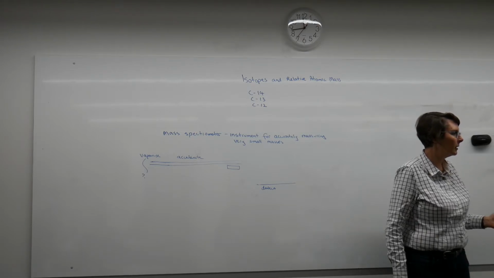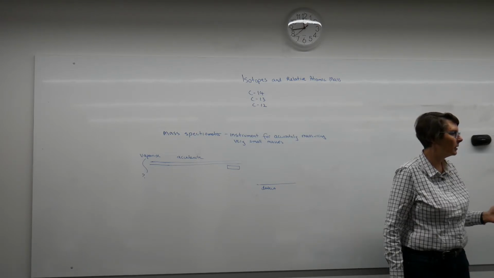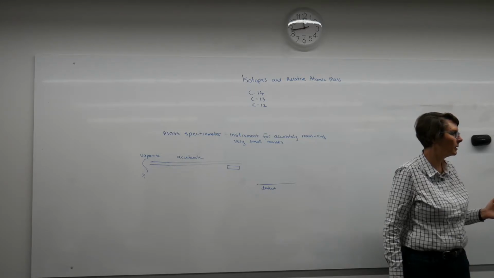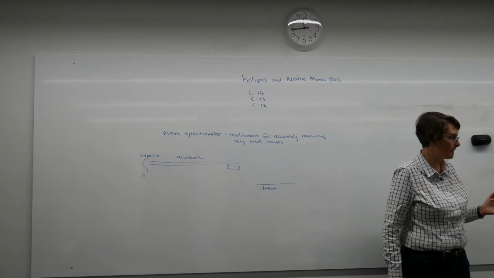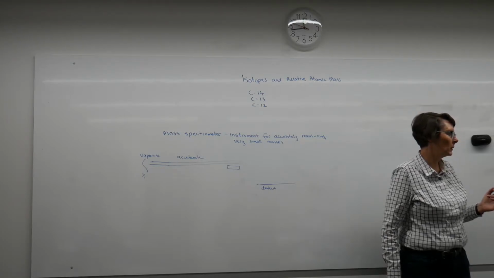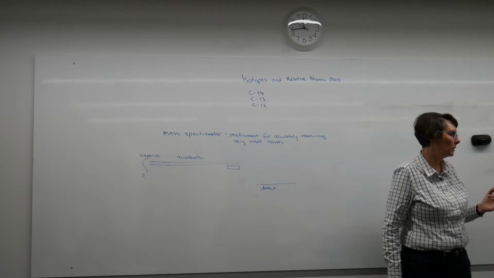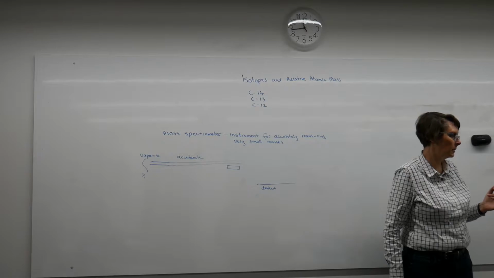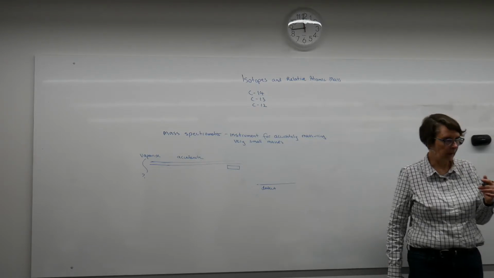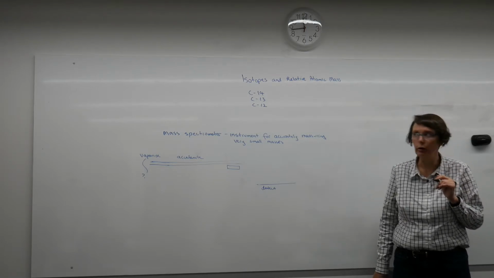If you have the different types of the particular atom, their abundance, like the percentage, if you multiply that percentage by the type of the atom, 14, 13 or 12, and then you add them all together, that'll give you the relative atomic mass. Yes, that's the mechanics of it for sure.